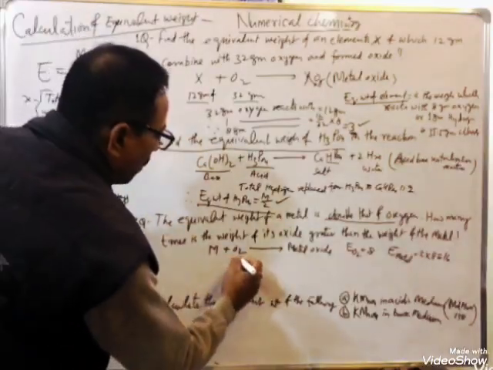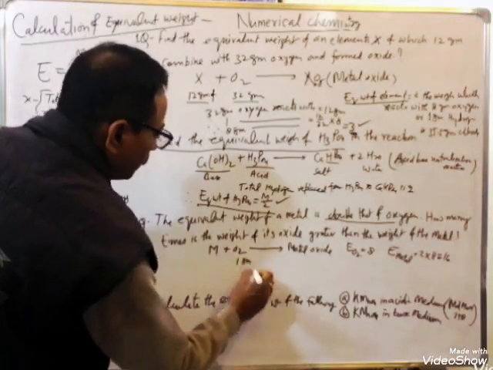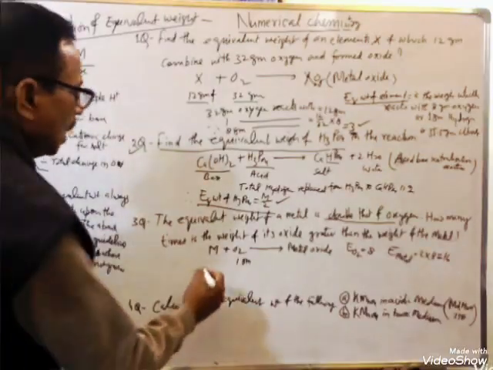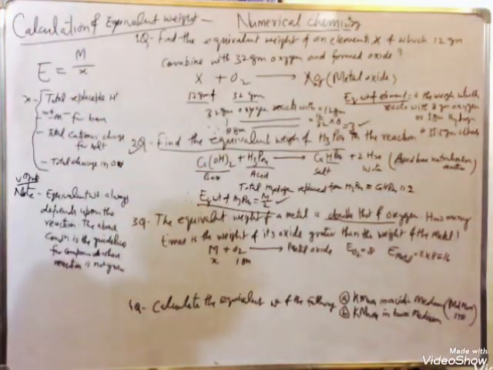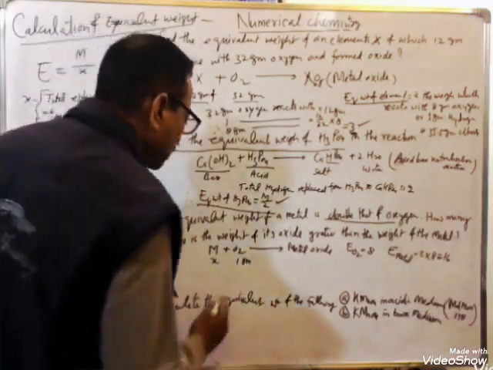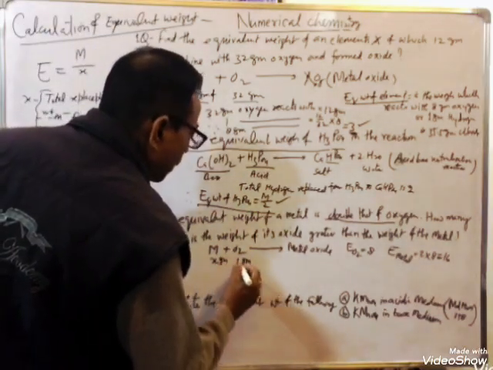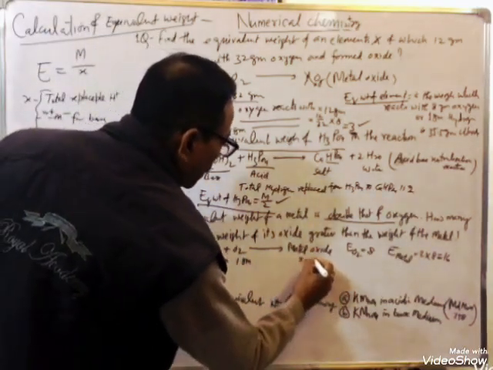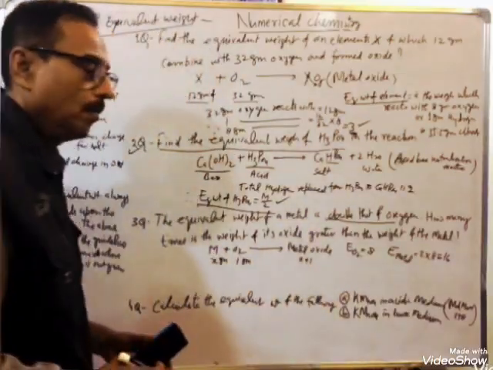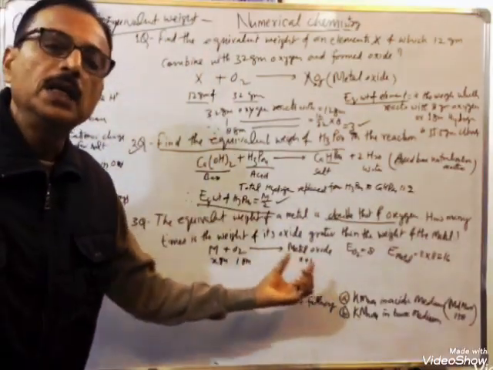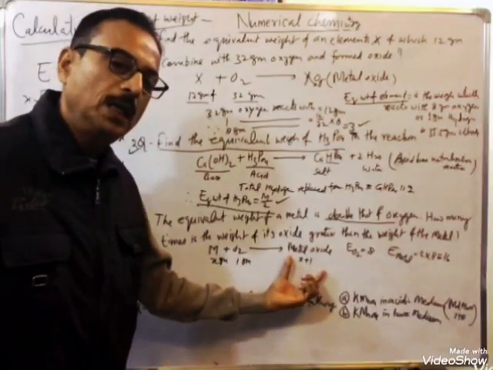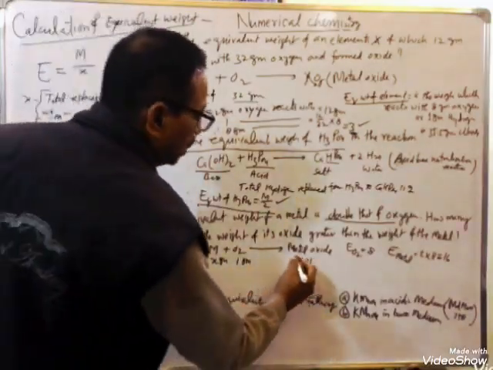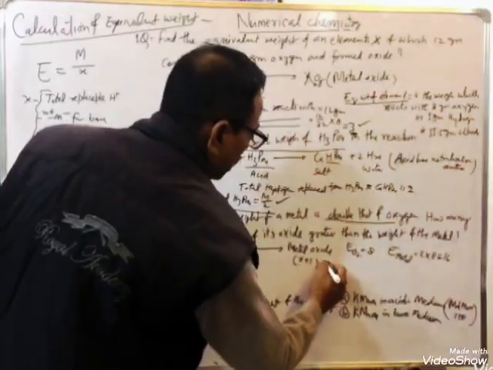Let 1 gram of oxygen react with x gram of metal and form metal oxide, which weighs x plus 1 gram, because mass is always conserved in any reaction. The mass of the product equals the mass of the reactants. So this is the weight of the metal oxide.